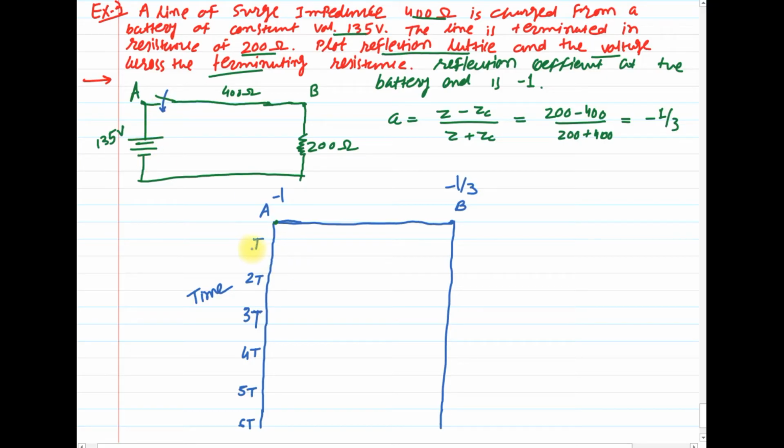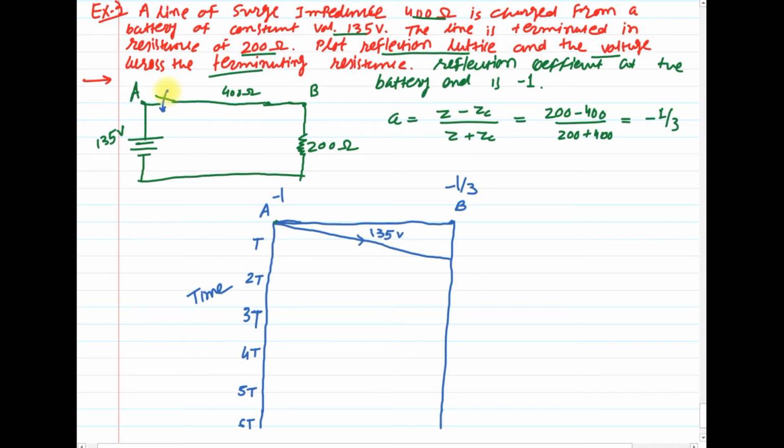At that time, due to this switching effect, a transient voltage wave is generated and transmitted through this transmission line. So at the event of switching, the wave which reaches over here is the value of the battery voltage, which is 135 volt.